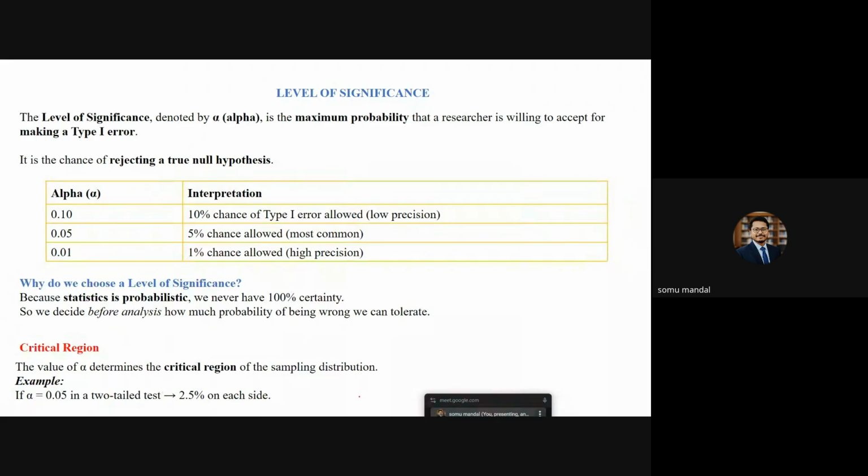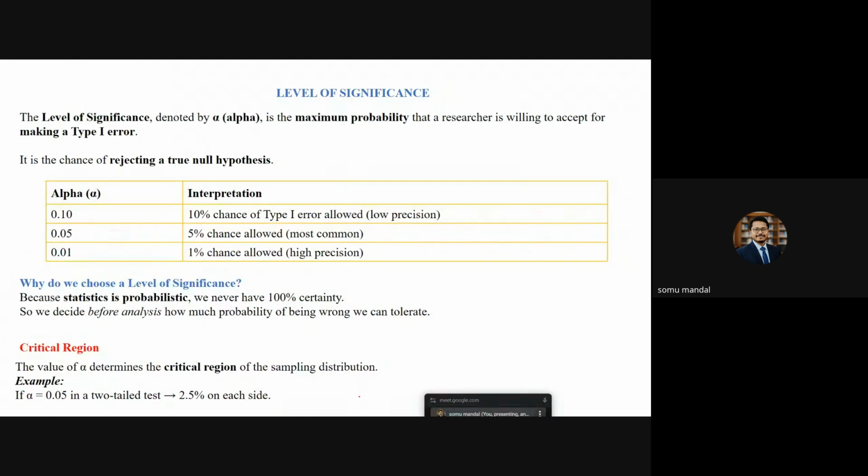But which particular test actually indicates statistical significance or insignificance? How can we judge whether my output is indicating a statistically significant result or an insignificant result? It is actually based on the level of significance.